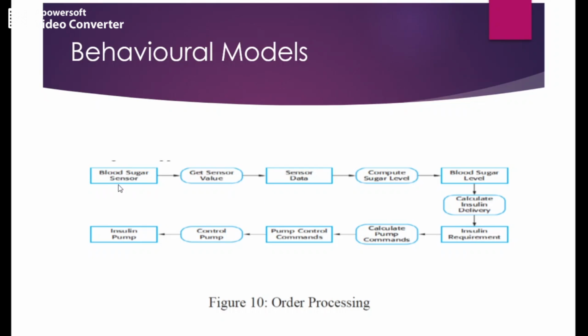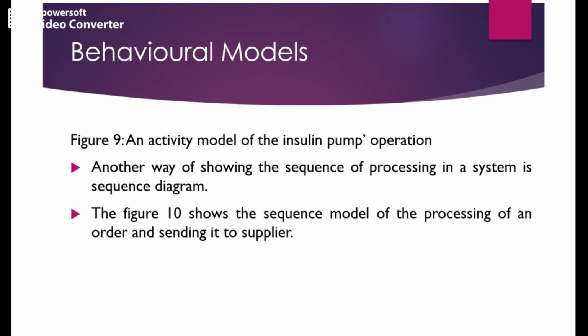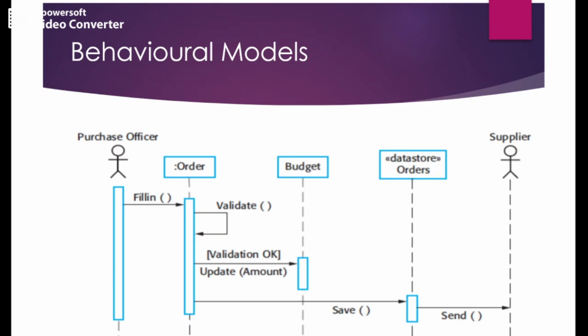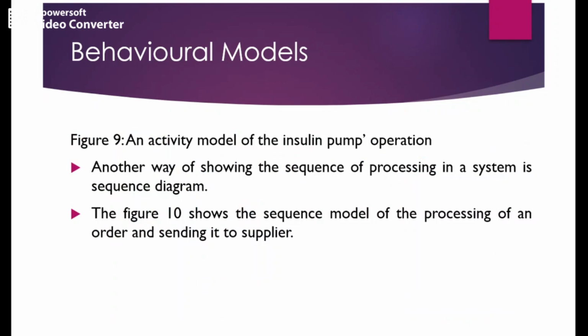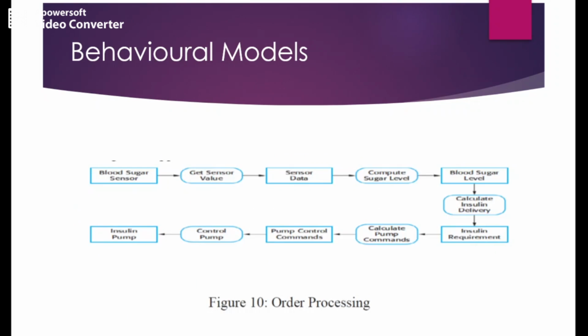You know that the sensors will be embedded into the body of the diabetes patient. Through this sensor you can calculate the various blood parameters. You need to get the sensor value, through that you get the sensor data.